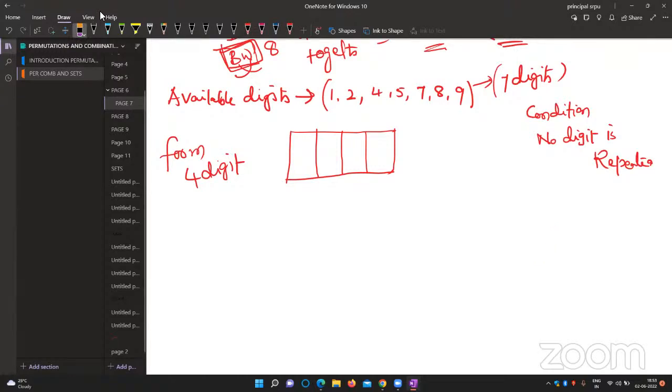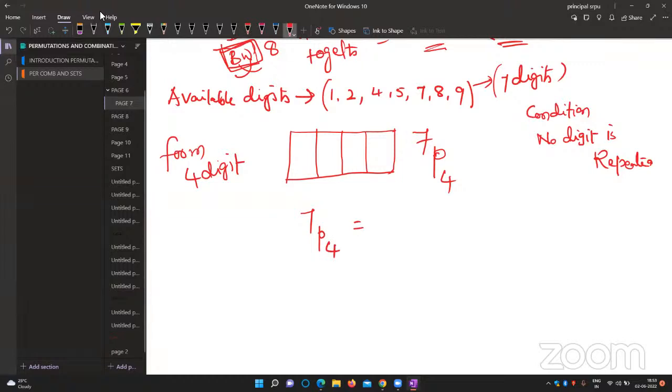Very simple. Since the digit is not repeated, how many are there? 7 digits are there. We have to arrange totally 4 digits out of 7. That is called 7P4. Out of 7, you have to arrange 4.